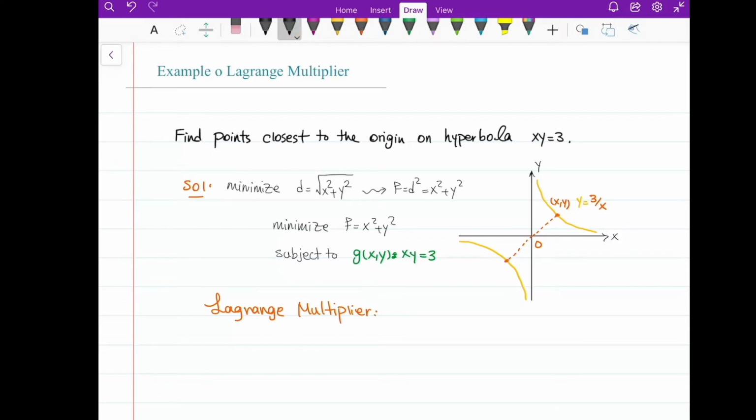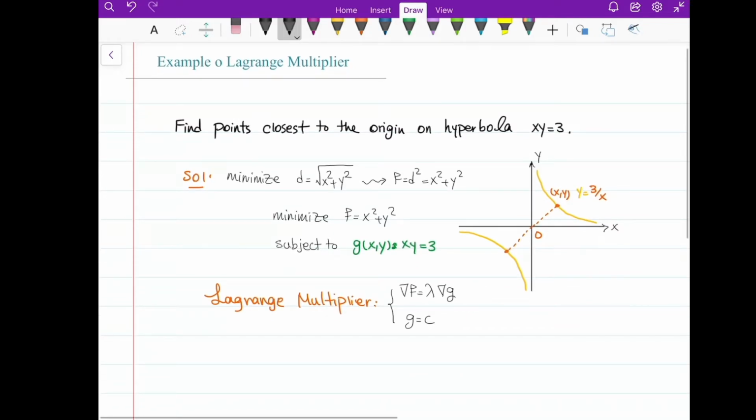For the Lagrange multiplier method, I need to solve this system of equations: the gradient of f is equal to lambda times the gradient of the constraint, and the constraint g equals c. So what is the gradient of f? The partial derivative of f with respect to x is 2x, and the partial derivative of f with respect to y is 2y.